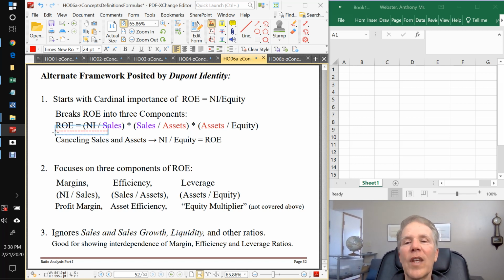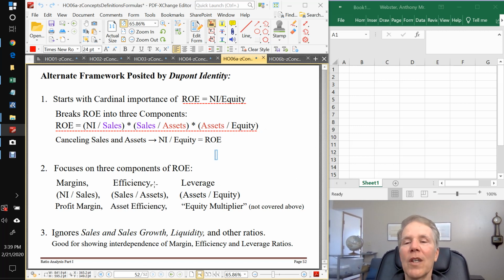So this is the key equation for the DuPont identity. It just takes the definition of ROE and in a cute academic-y kind of way expands it into net income over sales times sales over assets times assets over equity. So you see the red cancels with the red, the purple cancels with the purple, and you wind up back again with net income over equity, or ROE.